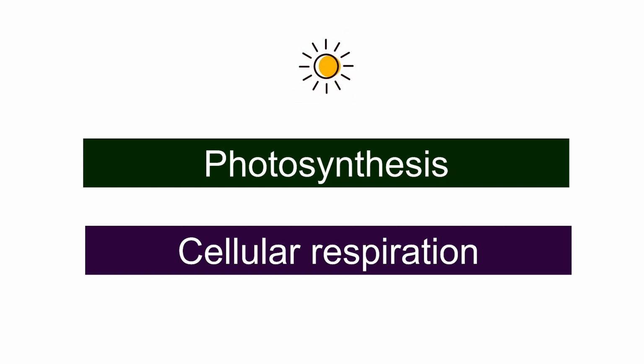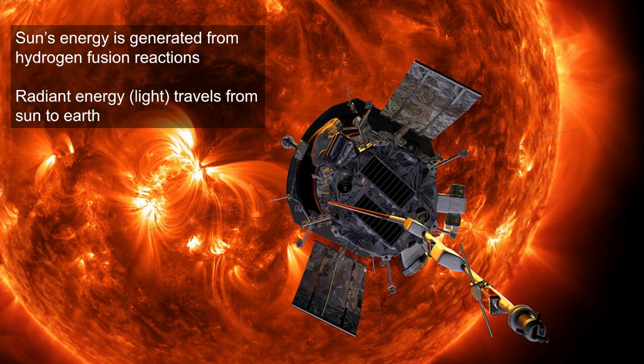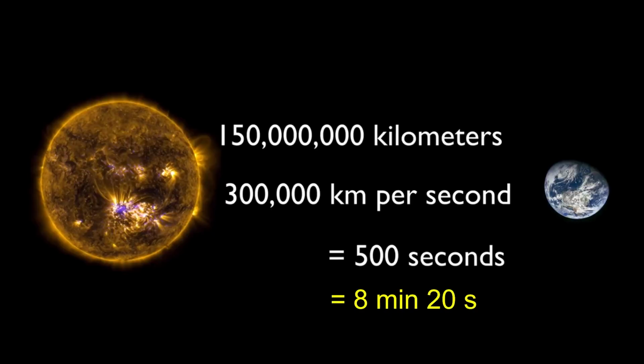So we've talked about energy flow through some of these systems at cellular level. Now let's look at it scaled up. So I'm going to skip this video. I'll talk about it in class, but the point is that the sun is the ultimate source of energy for the planet. And so the sun is generating radiant energy that travels from the sun to the earth, and it's a very long distance between those two bodies, and the light is moving very quickly.